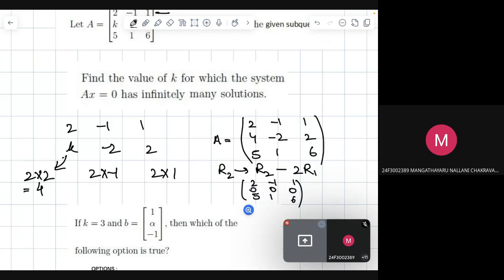When we get a matrix of a form like this, then infinitely many solutions will exist. So what is the value of k for which infinitely many solutions exist? k equal to 4.